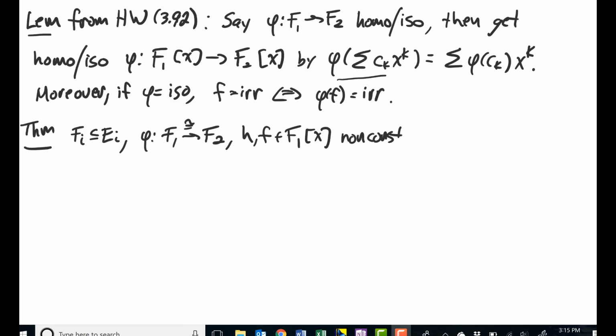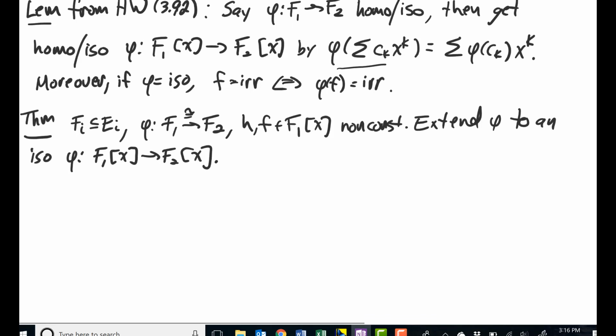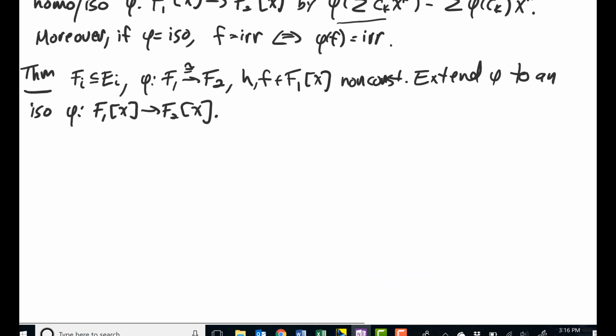Throughout this, h and f will be non-constant polynomials in the original field, F1 of x. And by the lemma from the homework that we mentioned, we're also going to use phi for the name of the homomorphism that's extended from F1 to F2 to the maps on the polynomial rings. All right, so that's the general setup.